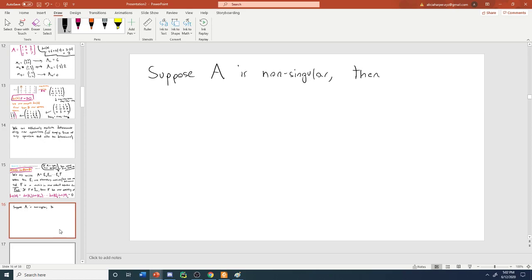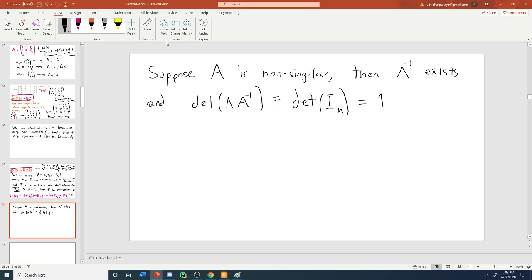Then A inverse exists, and the determinant of A times A inverse is the same as the determinant of I_N, the identity matrix, which has just ones along the diagonal, so it is 1.